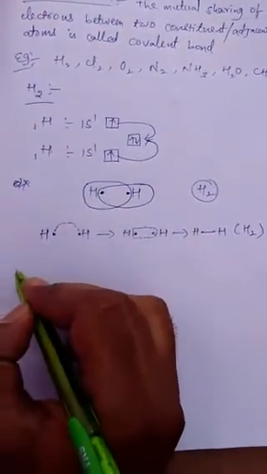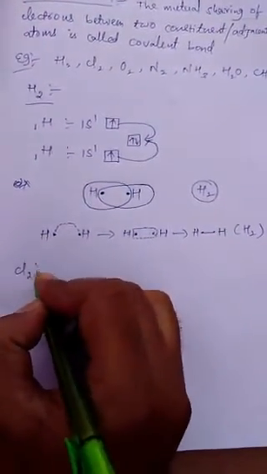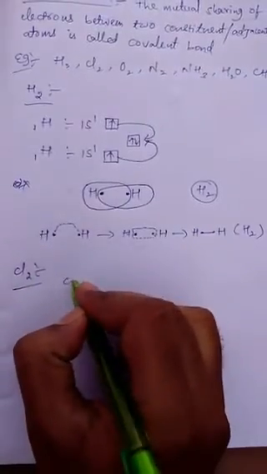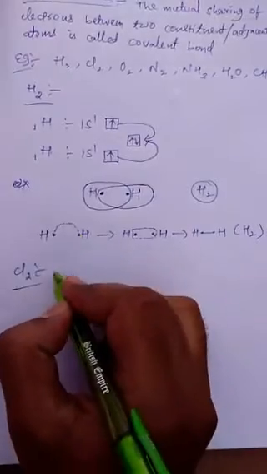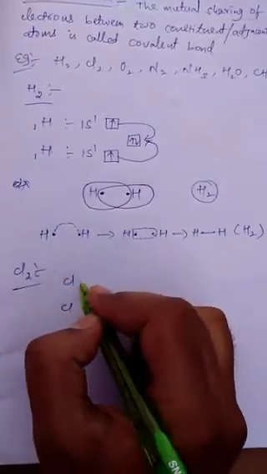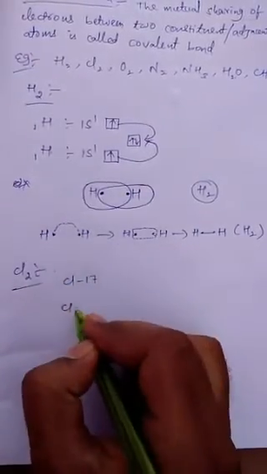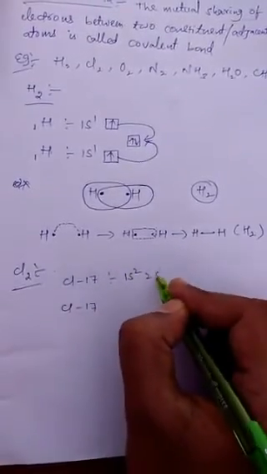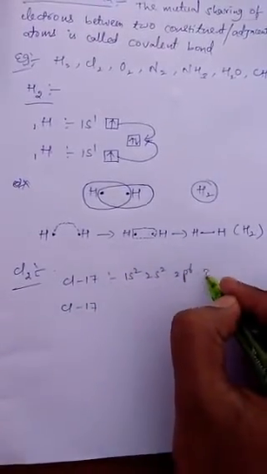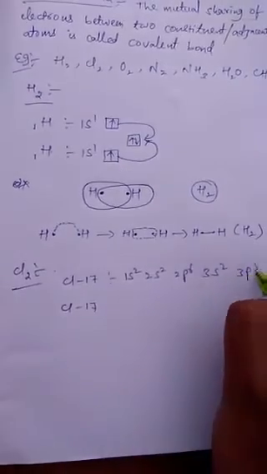Next example is chlorine, the Cl2 molecule. The number of chlorine atoms in Cl2 is 2 only. Chlorine's atomic number is 17, and the electronic configuration is 1s2, 2s2, 2p6, 3s2, 3p5.